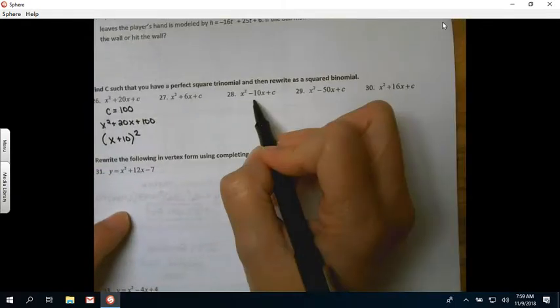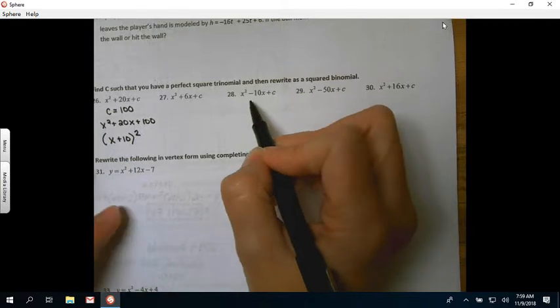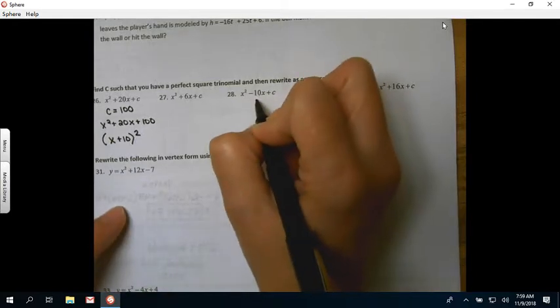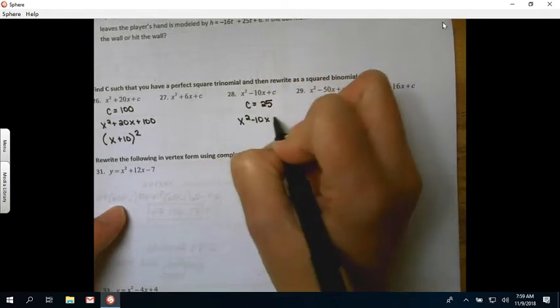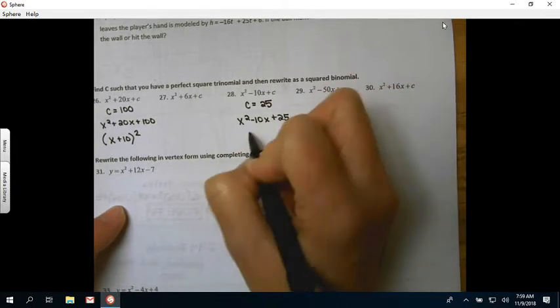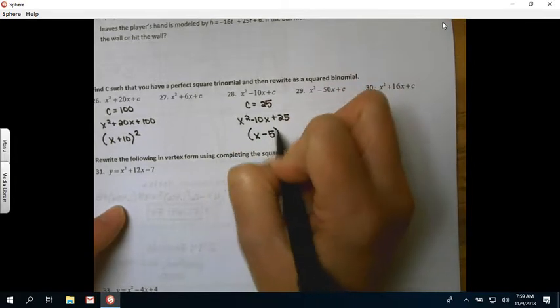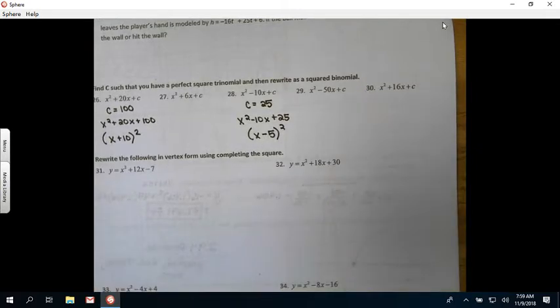If it is subtraction, it still works the same way. I do negative 10 divided by 2 gives me a negative 5, but negative 5 squared still gives me a positive. The only thing that is going to change is when I come down here to write it in its factored form, I keep that negative.